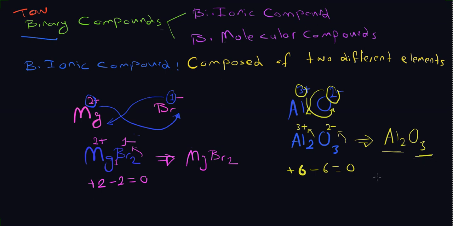The other one is non-metal. So in an ionic compound, why do we say ionic compound? First element is metal, second element is non-metal. Always it must be like that. Why? Because we say ionic compound. Positively charged is always metal, and negatively charged is always non-metal.